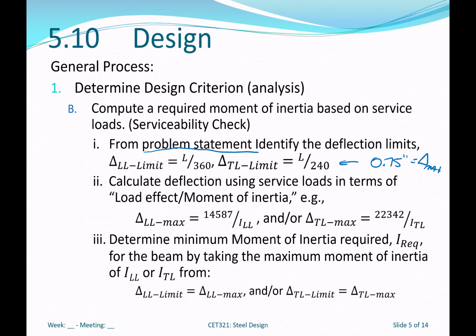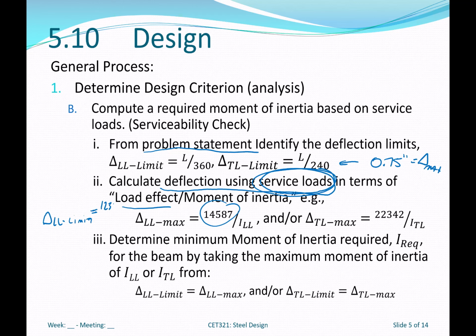Then I calculate my deflections again using service loads only, and I want to put it in terms of load divided by I. So in my previous example, instead of being this number, I made it 1, 2, 3, 4, 5. All right. So again, whatever the limit is that we're trying to address, use the service loads for that type of loading.